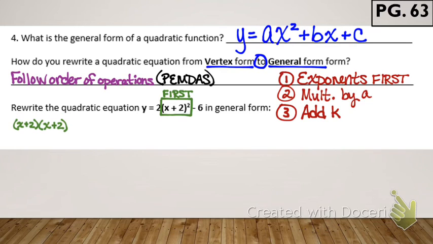Help me out for just a second. If this first thing right here wasn't an x plus 2, let's pretend it was just a 2. What would you do with that? How would you deal with this and then this inside parentheses? Distribute. We would use distributive property, right?